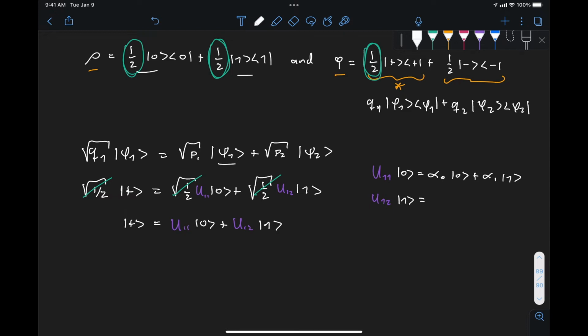We end up with another arbitrary state of the form beta 0 state 0 plus beta 1 state 1. Now if we write state plus in the computational basis, we have 1 over root 2 times 0 plus 1, and then we replace these two terms here with our arbitrary states.